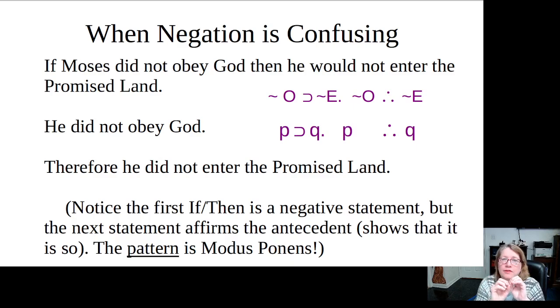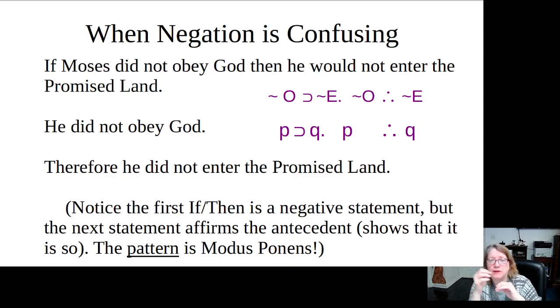So in the second line, depending on if it's a modus ponens or a modus tollens, it will either affirm the P is true, therefore the Q is true, or it will negate the Q, say, well, Q's not true, so P's not true either, okay? And those are valid.